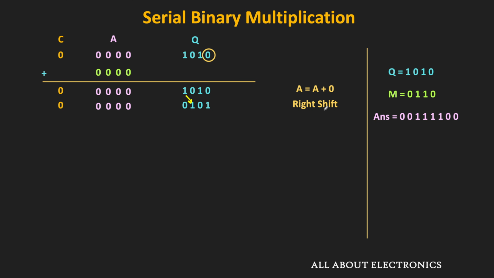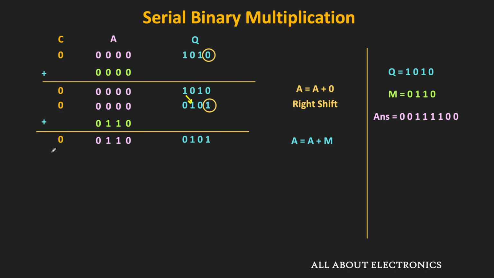So now once again, let us check the LSB of this Q register. So now if you see, that is equal to 1. So now this M will be added with this A register. And after the addition, the value will be once again stored in this A register. So after the addition, if we see the value of the A, then that is equal to 0110.